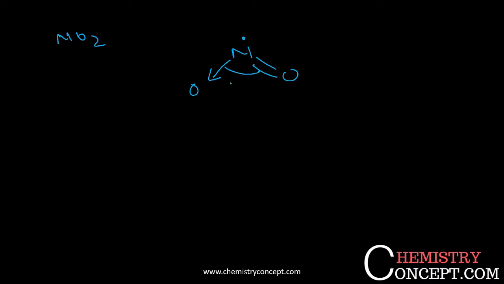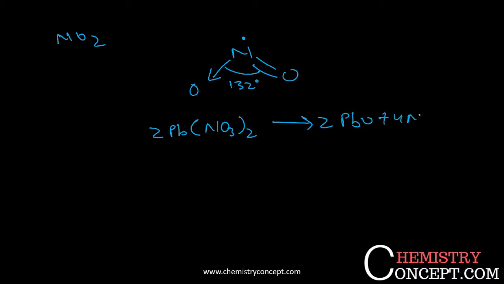This bond angle is 132 degrees, because the lone electron and bond pair repulsion is less prominent here, and that's why this bond angle is more than the normal triangular angular structure. It can be prepared from lead nitrate, which dissociates to give PbO plus NO2 and oxygen. This is also known as nitrogen dioxide. This is a brown gas.